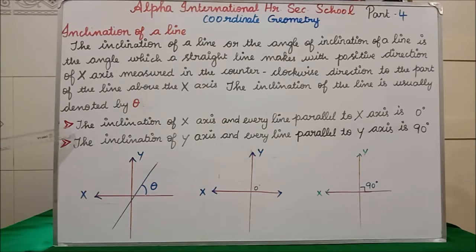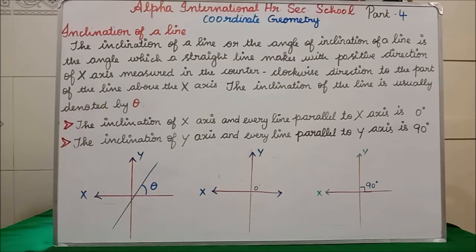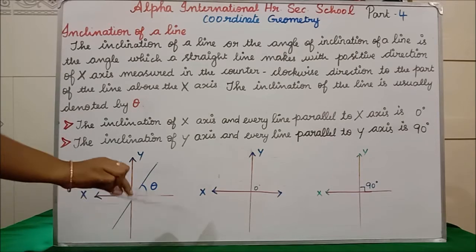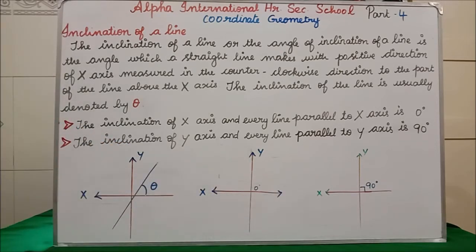The next point, notice: the inclination of x-axis and every line parallel to x-axis is 0 degree. See, the inclination of x-axis, suppose, consider this blue line, it is in the x-axis itself, so it is in the same line, whether any angle will come? No, that time it is 0 degree.